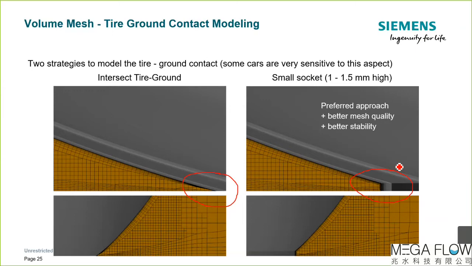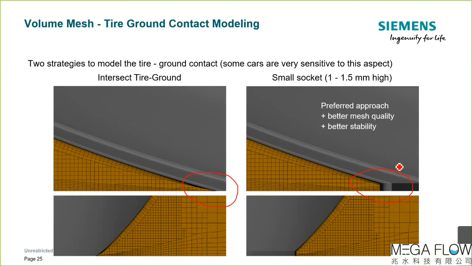As you can see here, we're able to keep the prism layers, so it looks better, right? I have to add that what you can see here is a tire with longitudinal grooves, so the impact of a socket on the aerodynamics is not that big compared to a slick tire. When you have a slick tire and you're adding a socket, of course the flow field is modified. That's what you always have to keep in mind.